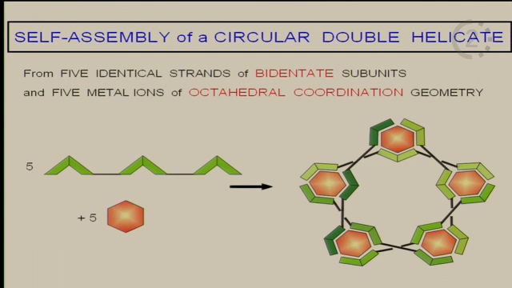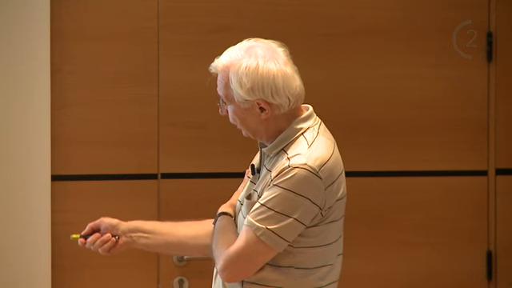And if you follow me, you can see that this is one molecule here, so that the center is bound to one of the octahedral coordinated midlines, and the ends of 2 other molecules complete that. So each octahedral midline is bound to the center of one strand and to the ends of 2 other strands. And if you do that, you can go around like that.